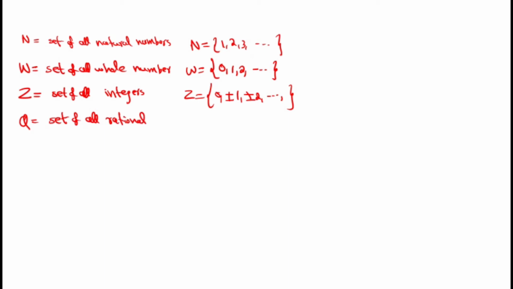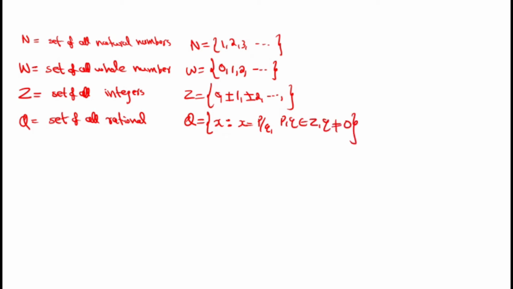It's not possible to write rationals in roster form because they do not follow a particular pattern. So you can write Q in set builder form as all the numbers x such that x is equal to p by q, where p and q belong to integers and q not equal to 0.